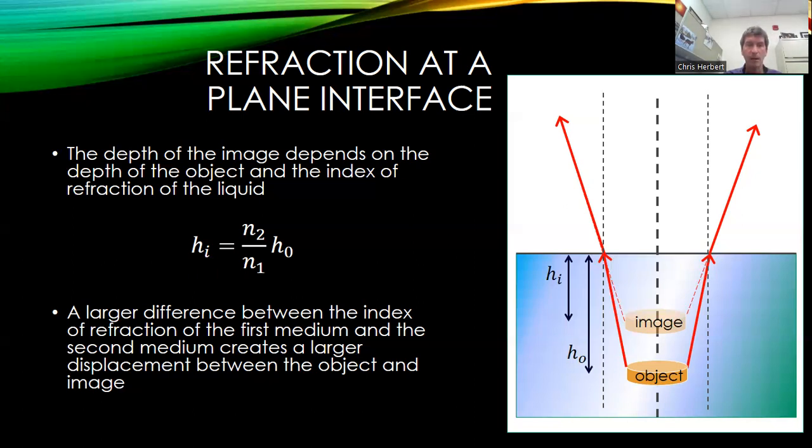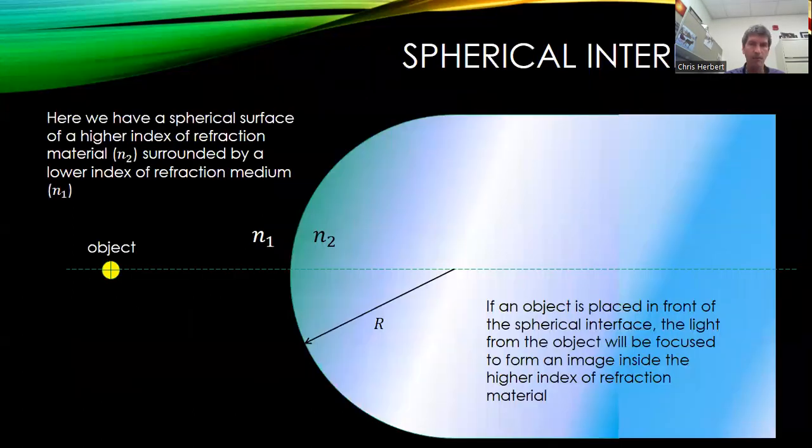And again, N2 represents the index of refraction of the material that we are entering. So in this case, it would be air. N1 represents the index of refraction of the water in this case. Okay, so that explains the optical illusion of why things appear to be shallower than they actually are.